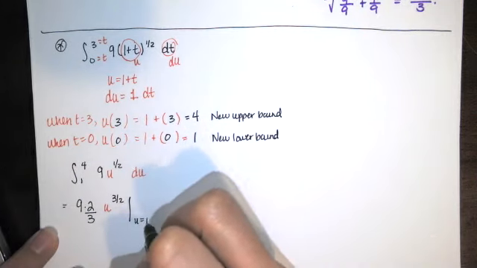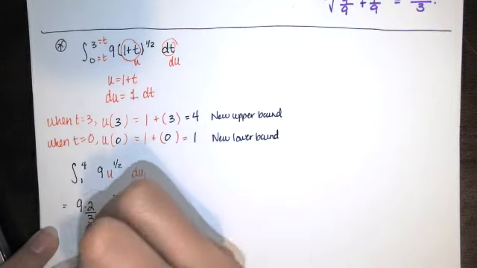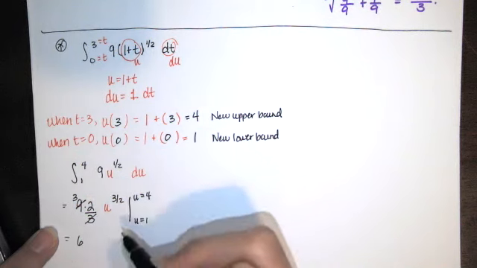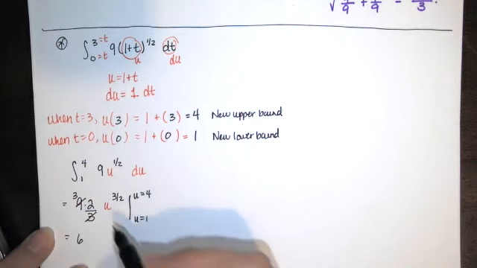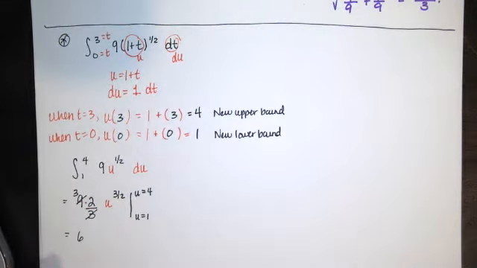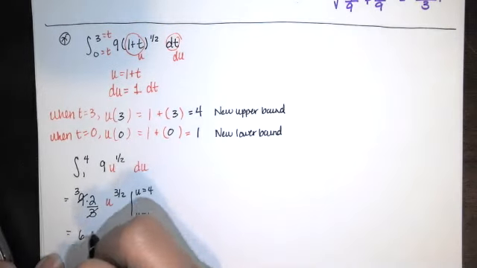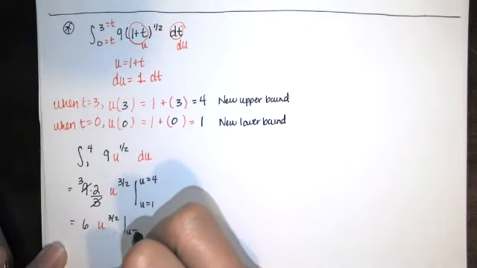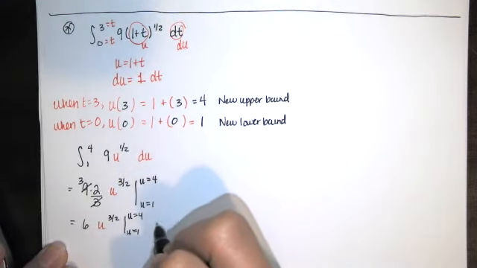Evaluate from u equals 1 to u equals 4. 3 goes into 9 3 times. We end up with 6 times this u to the 3/2, evaluated from u equals 1 to u equals 4.